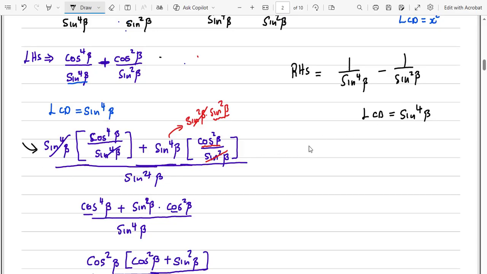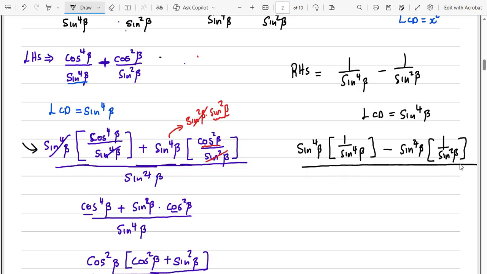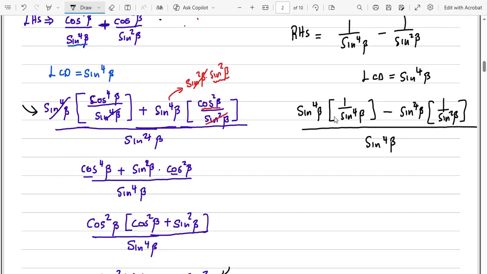You take the first term and multiply that first term by your LCD. So this is 1 over sine to the power 4 beta. Close the bracket, you bring down the negative. Then you take sine to the power 4 beta and multiply that by 1 minus sine squared beta. Then divide everything by the LCD. Now, when I look at this, these two cancel.